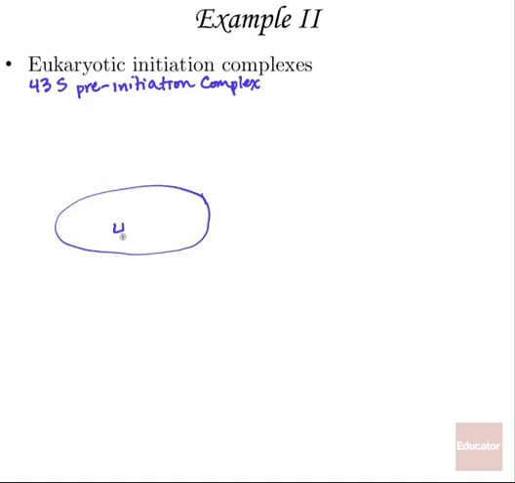So let's show what this would look like. We have our 43S pre-initiation complex. Here we go. We have our 40S ribosomal subunit, with the E, the P, and the A site.